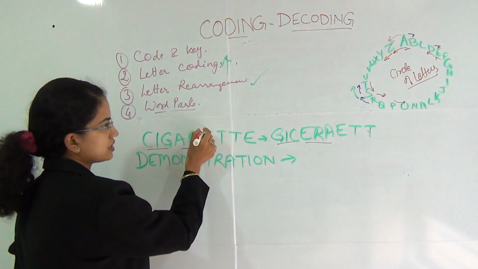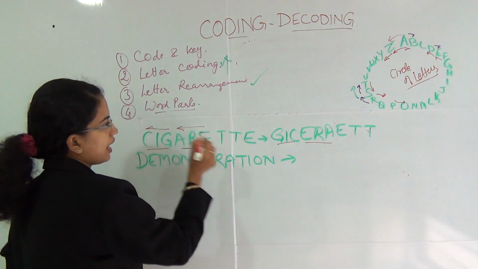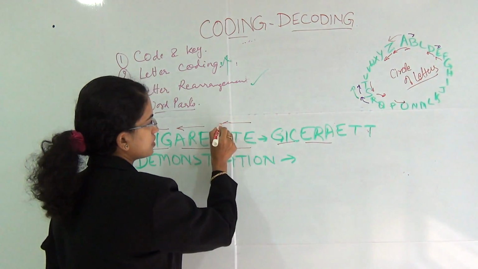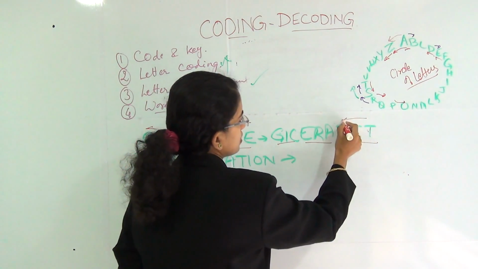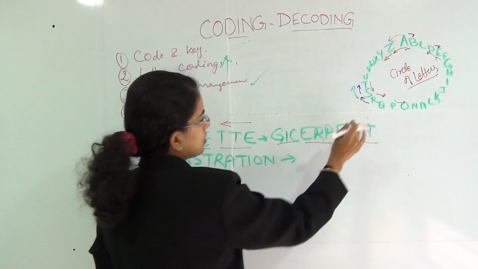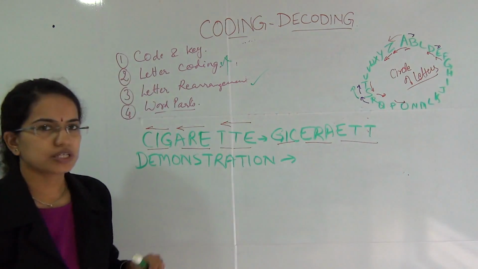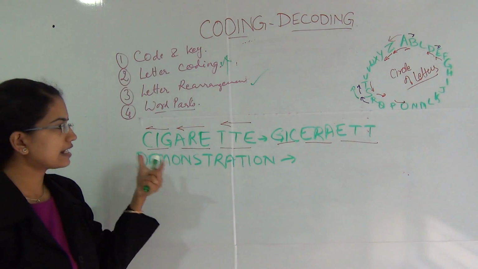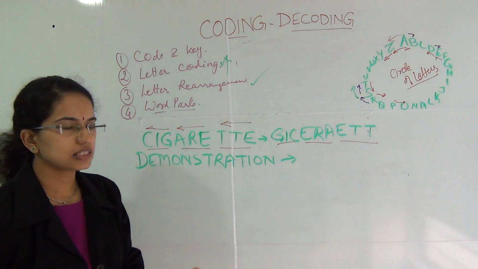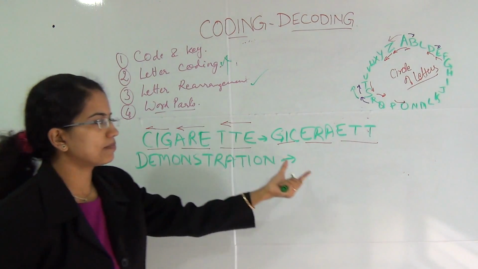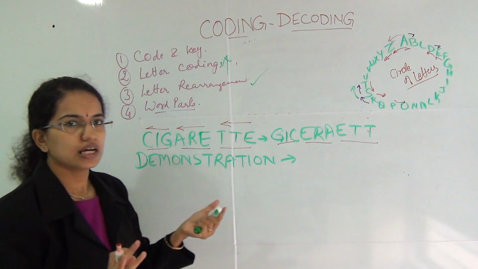So these 3 letters are reversing the order. And finally, these 3 letters are also reversing the order, so it becomes ATP. So in this type of problem, I am dividing the complete word into triplets of alphabets, and those triplets within themselves are getting reversed.